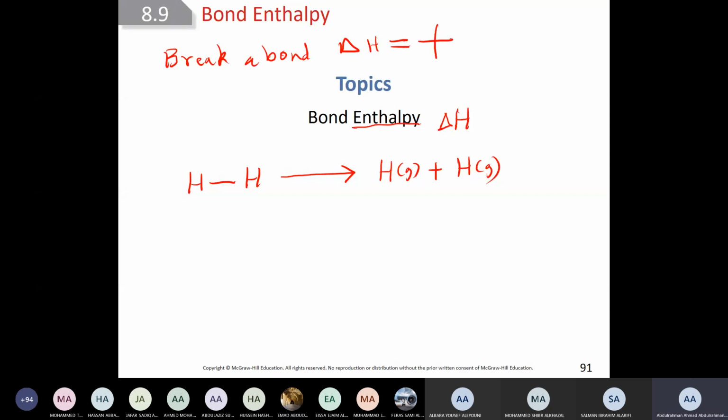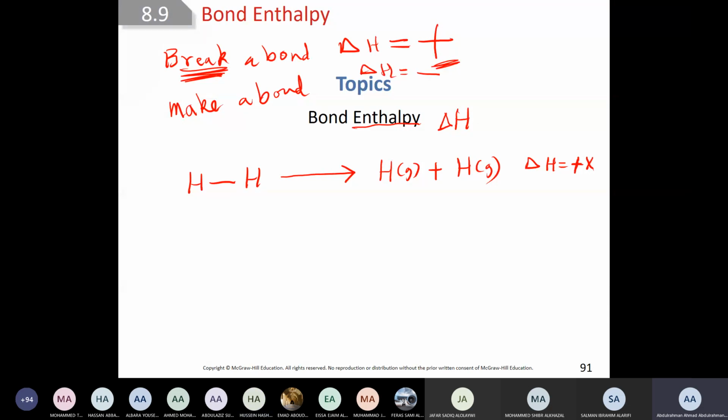Now, if we say that in this case delta H is X, what's the sign that we can put here, plus or minus? Plus. Why are you saying plus? The break. Always plus. But when you make a bond, delta H must be what?